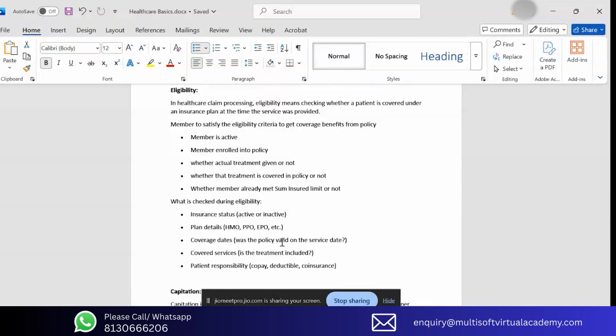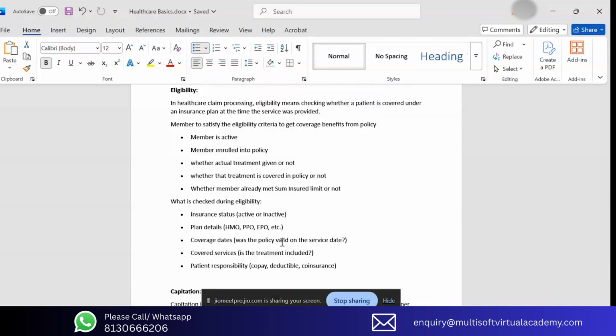Next, lastly, suppose I'm a person going to an insurance company and getting a plan with a sum assured amount of 5 lakh rupees, say $50,000 in your terms.